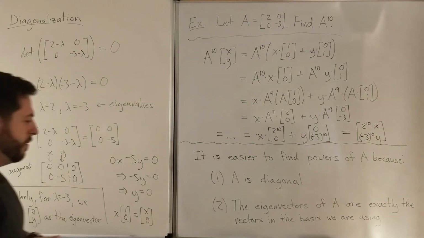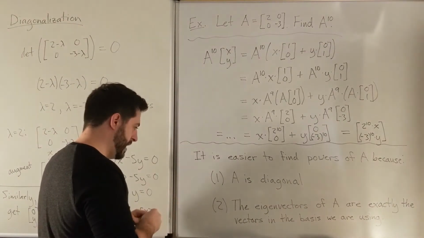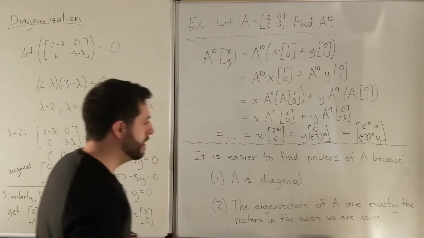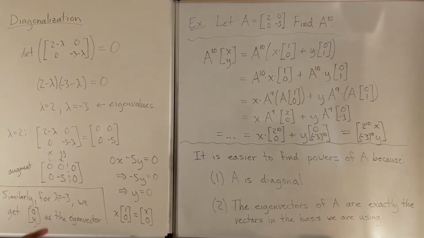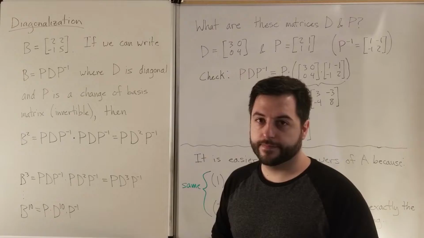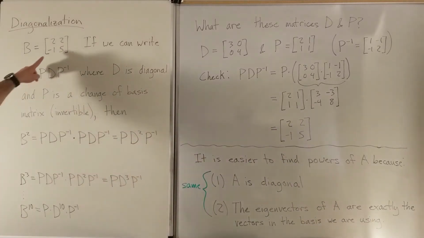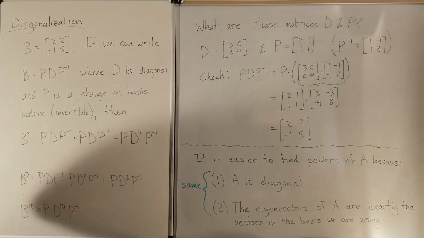So what I'm trying to say is you can think about either of these two as being the reasons for A being nicer than the matrix B that we had before. Let's take another look at the matrix B. So recall that B was this matrix here.